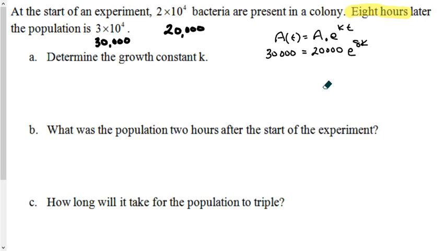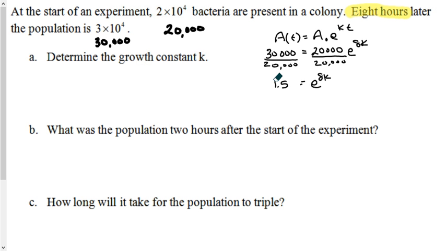So now that we have this equation, we just have to actually solve for it. So we will go ahead and divide both sides. If we're trying to isolate that k, we'll divide both sides by 20,000. And we have e to the 8k equals 1.5.